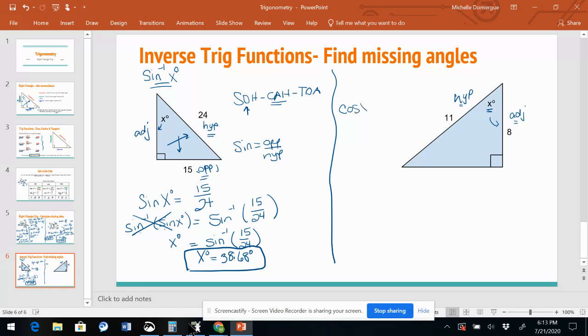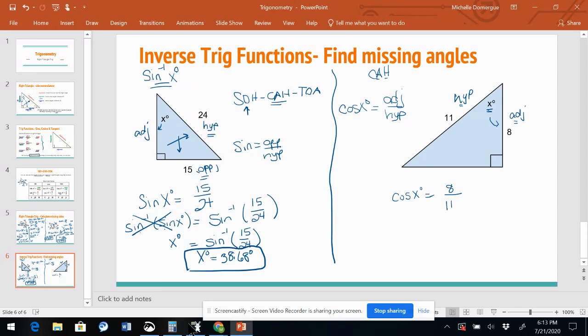So cosine of x is going to be the adjacent divided by hypotenuse. Again, that's from CA. So let's substitute that in. I have cosine of x equals adjacent, in this case 8, divided by my hypotenuse, which is 11.